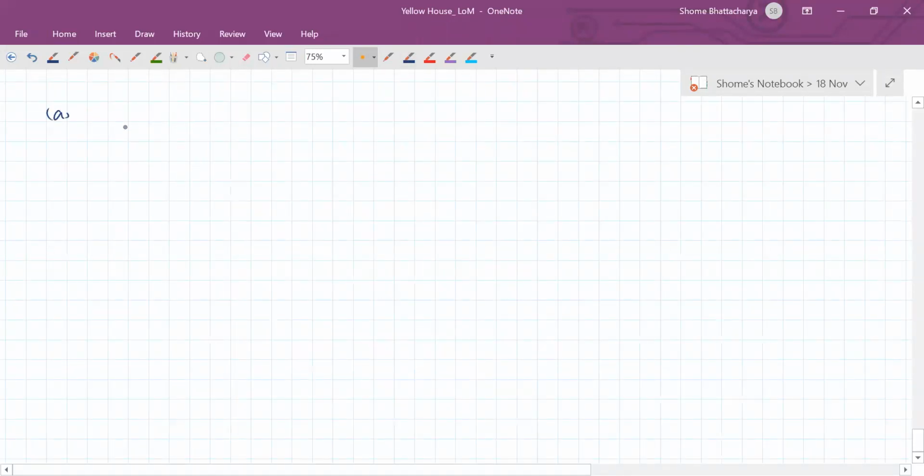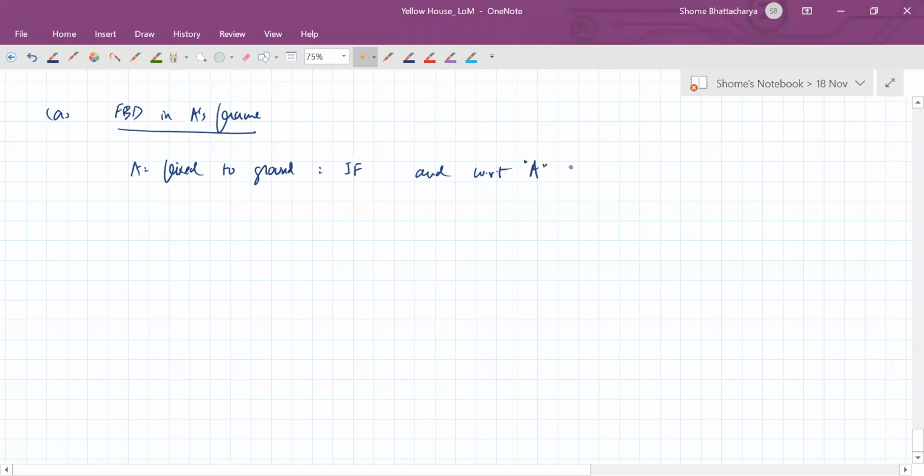So first of all, when you are considering the free body diagram in A's frame, A's frame is inertial, and with respect to A, the block has horizontal acceleration 5 meters per second square.